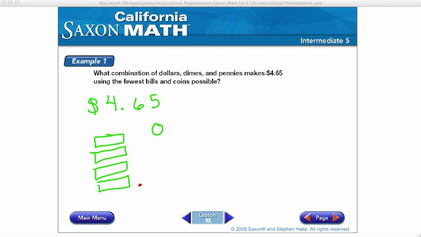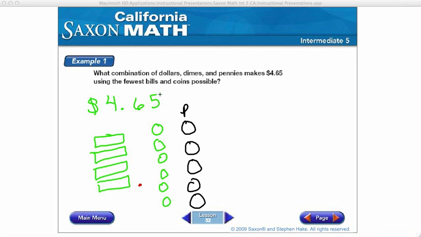So I'm going to have 6 dimes, and then the hundredths place, 1/100th of a dollar is a penny. I'm going to use a different color. So I'm going to have 5. So I can represent it in 4 $1 bills, 6 dimes, and 5 pennies.